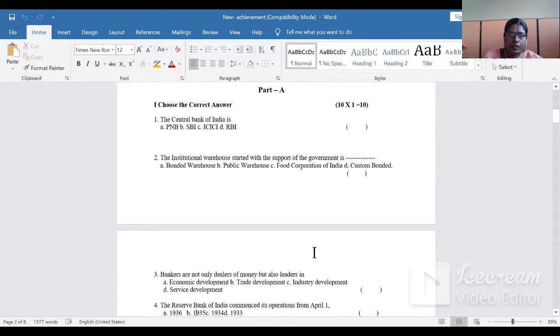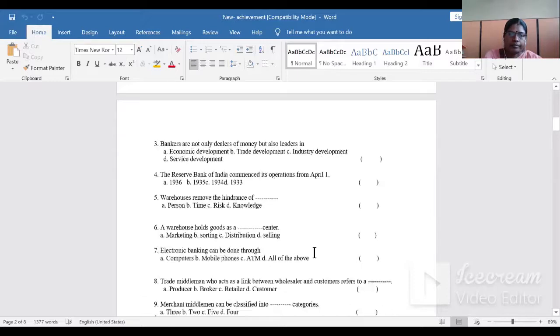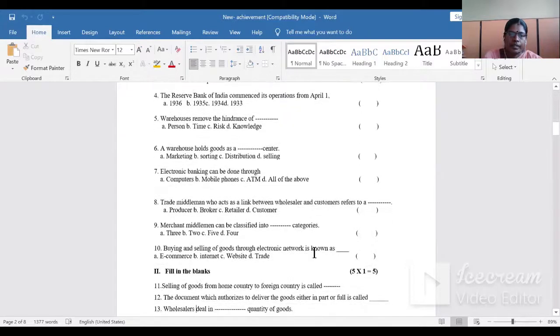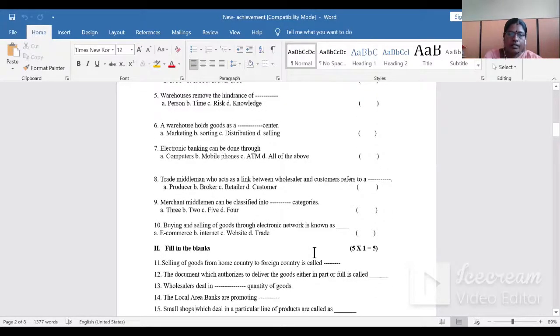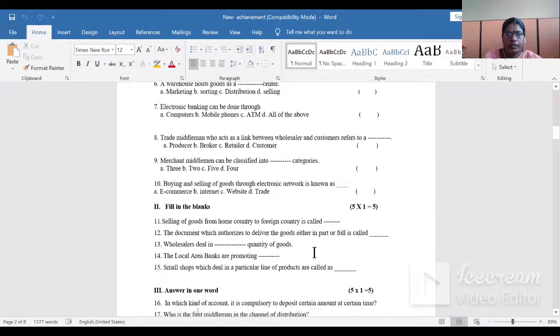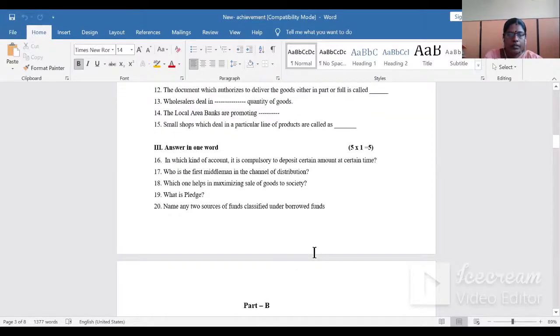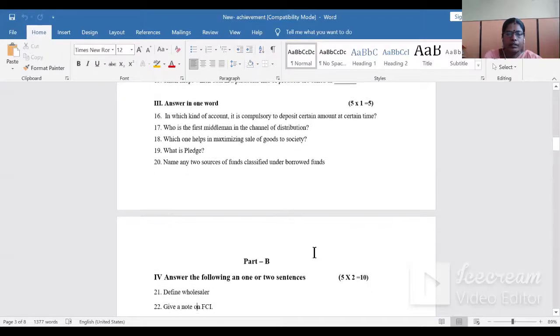And next, Part A, 10 marks, choose the correct answer. You see the 10 questions. And Roman numeral 2, fill in the blanks, 5 marks, each one 1 mark. And the third, Roman numeral 3, answer in 1 word, 5 marks. So total objectives 20 marks.